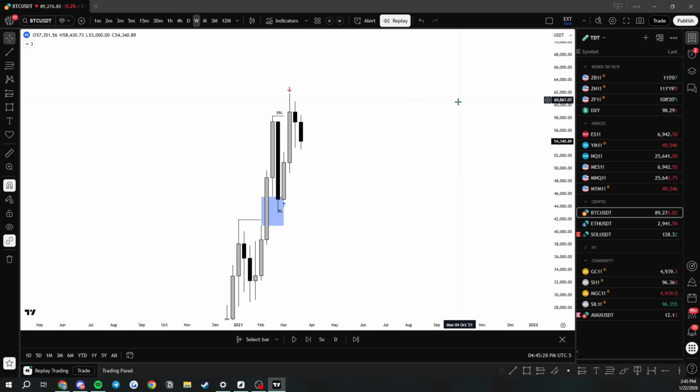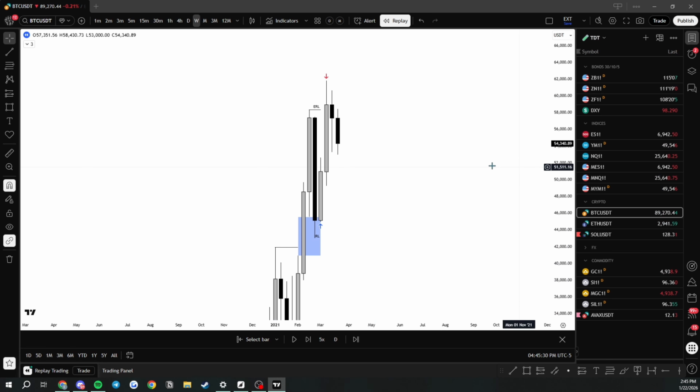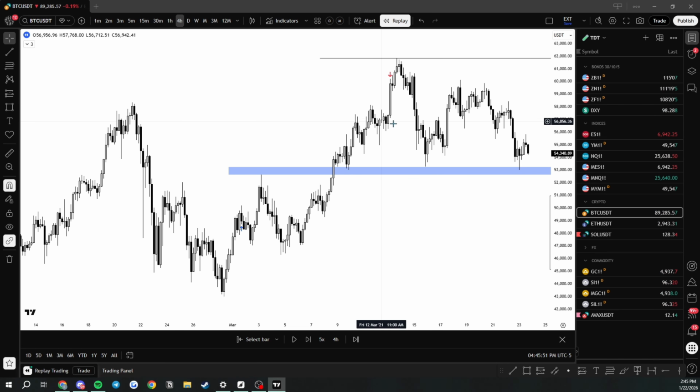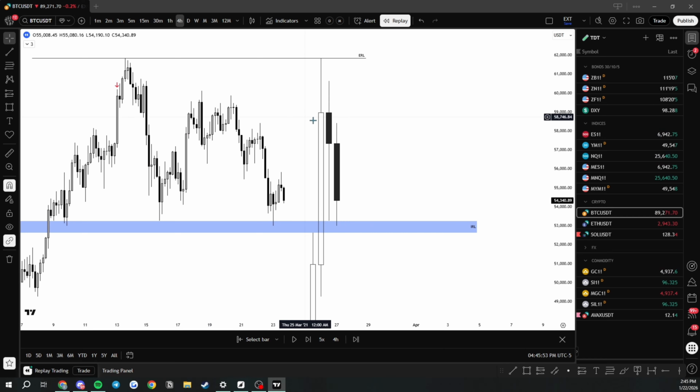Okay, once again, we have an ERL. Past ERL got taken out, therefore price should go to IRL. Right? So again, we're going to go on the 4-hour and we're going to wait.